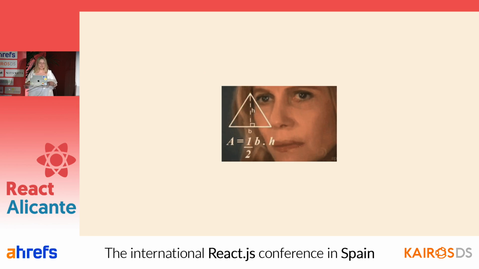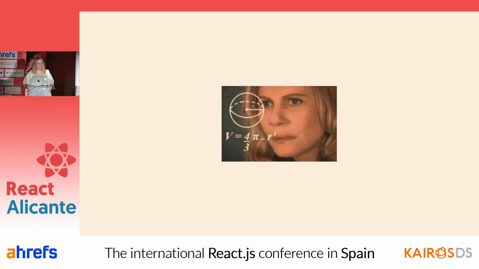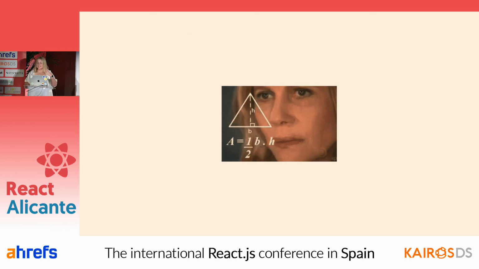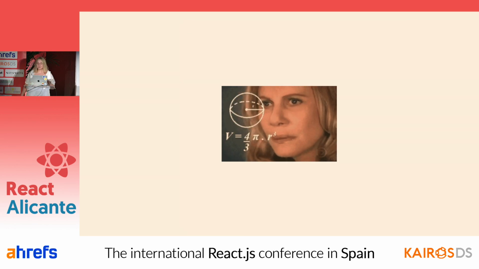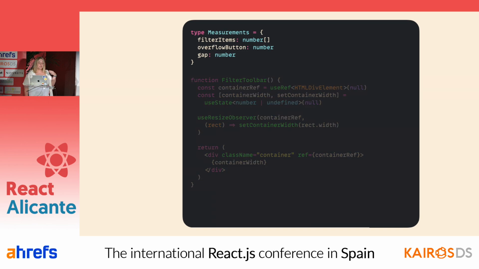So it's kind of a lot of math. Let's get started. We can start with the TypeScript type. We know that we need the width of the filter items, our overflow button, and the gap. This should be enough together with the container width for us to calculate what we need. So how can we do it? We could, for example, create and render them and put individual refs.